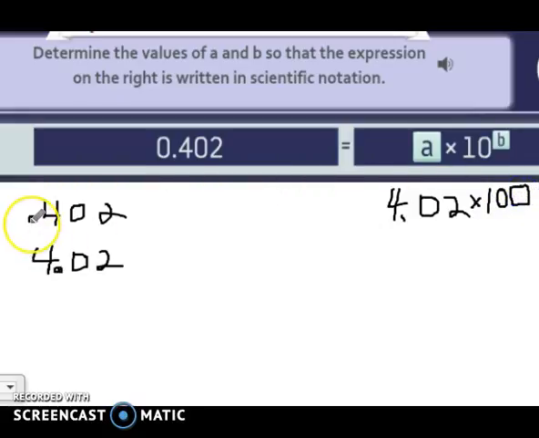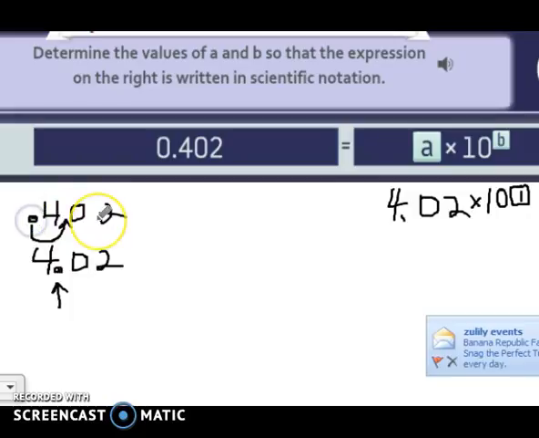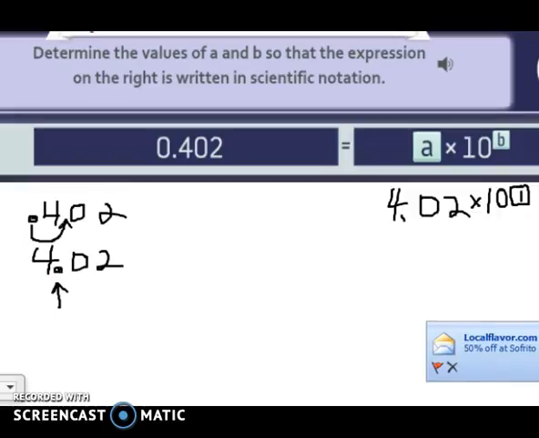Well, first of all, let's see how many places I had to move the decimal point over. My decimal point was here, and I moved it once over to the right to get it right here. So I know I'm going to have a 1 here. But is my 1 going to be positive or negative? Well, I took a smaller number, and I made it bigger. So when I'm doing smaller to bigger, my exponent is going to be negative.